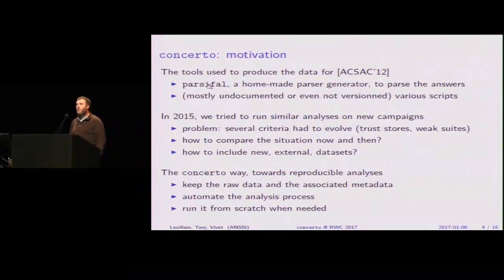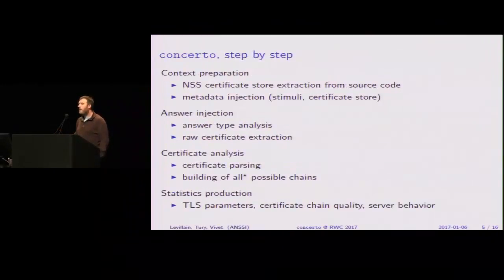So the way we built Concerto is a way to go back from the raw data and associated metadata, like the client hello you used if you get it, and automate all the process. So the process is to prepare the context.